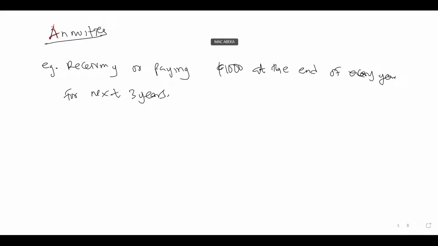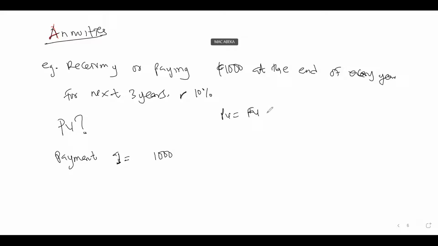Okay. Now, what will be the present value of this amount? Let's use an interest rate of 10%. So the first payment, payment 1. You know the present value formula, right?